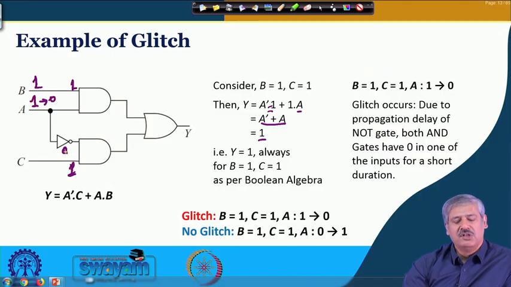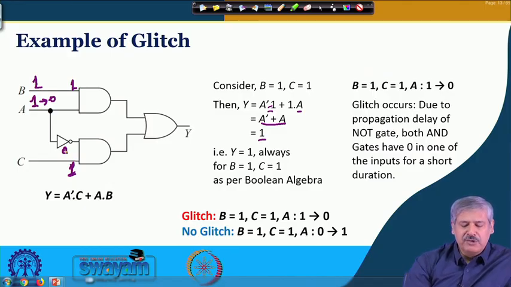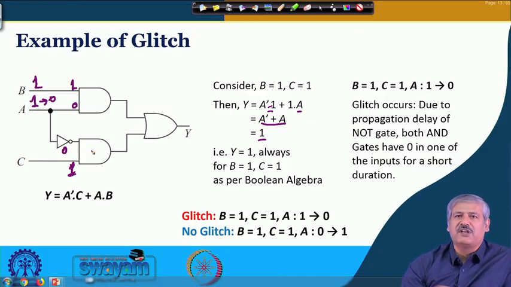Now, when A goes from 1 to 0, this input immediately becomes 0, but the NOT gate output will not go to 1 immediately because of the propagation delay we considered in the previous slide. It will go to 1 after some time.